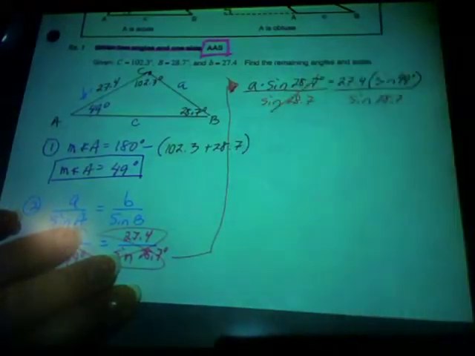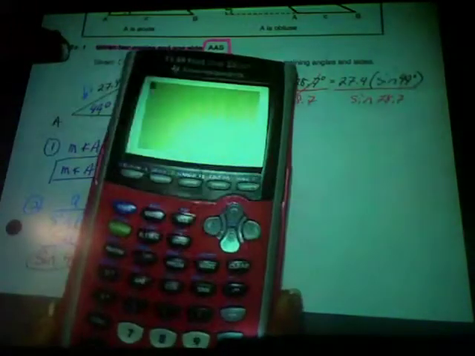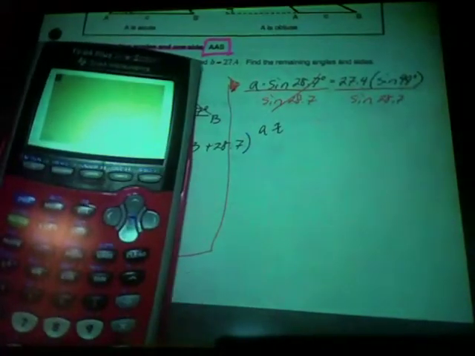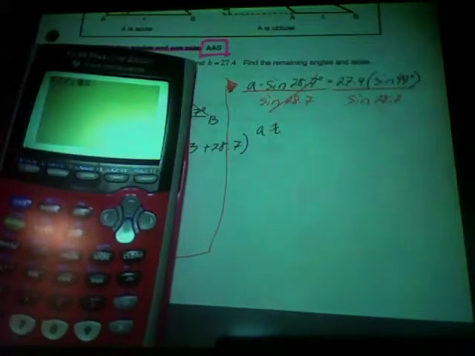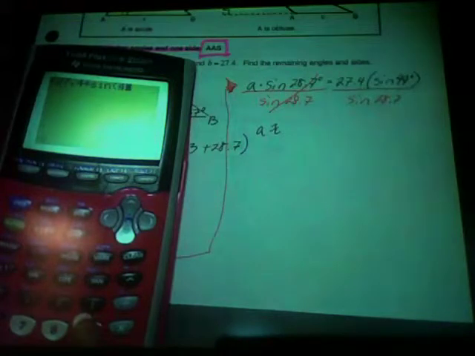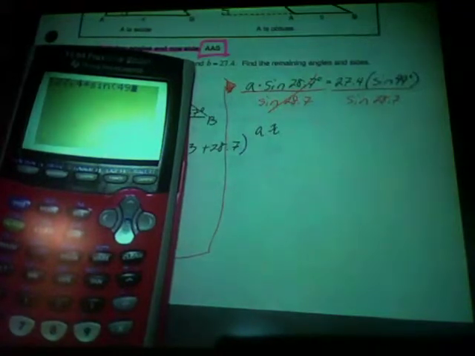So that all cancels, and A is approximately equal to, I would suggest, since they're out to tenths, that you go out to tenths. So I'm going to plug into my calculator exactly as I see that. I'm going to use parentheses, by the way, for my numerator, just in case. Parentheses 27.4 times the sine of 49. What's wrong?